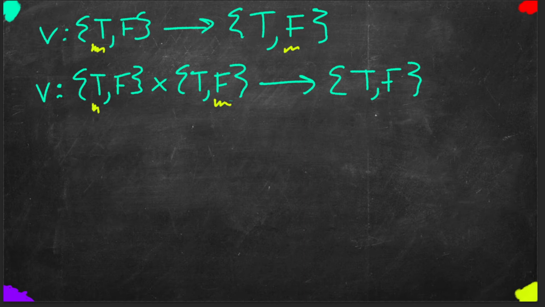Let's say it takes false, and then it outputs one and only one value, T or F. It's going to make more sense in practice, but these are the two basic notions that are fundamental for understanding truth tables. So let's look at a particular example of this.